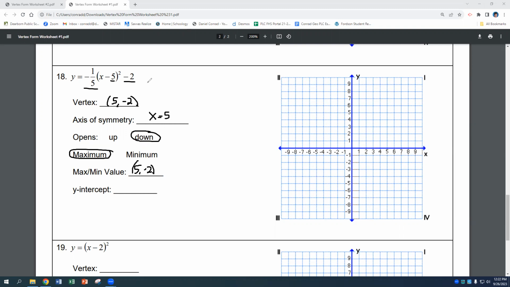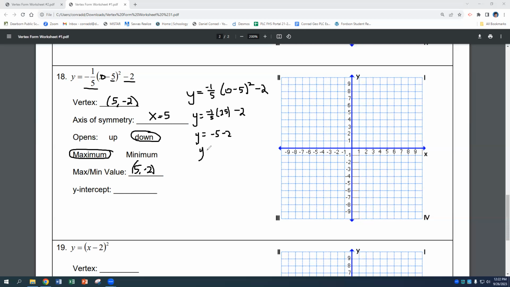To find the y-intercept, we're going to plug in 0 for x. So I'm going to do y equals -1/5 times 0 minus 5 squared, minus 2. 0 minus 5 is -5. -5 squared is going to be a positive 25. -1/5 times 25 is -5.